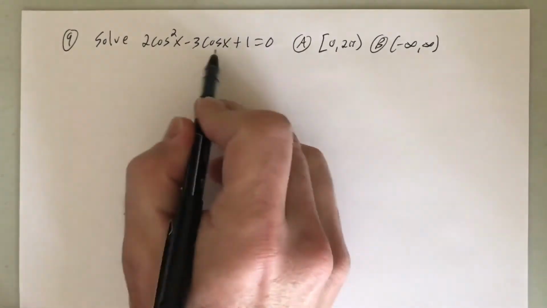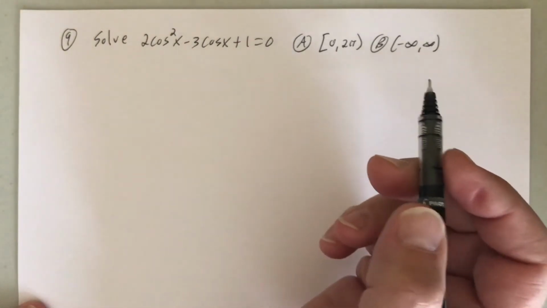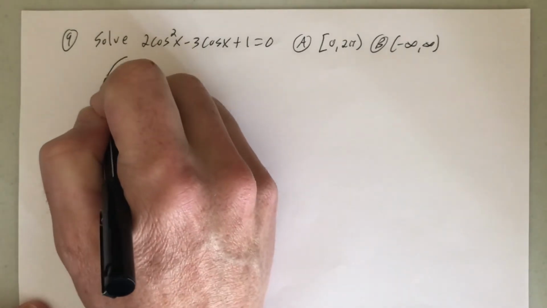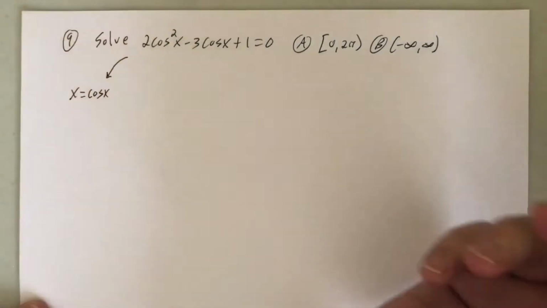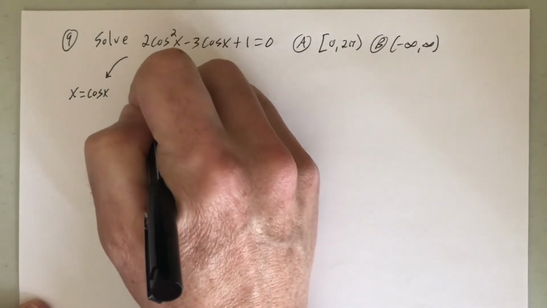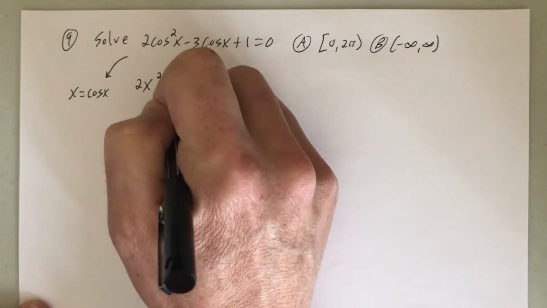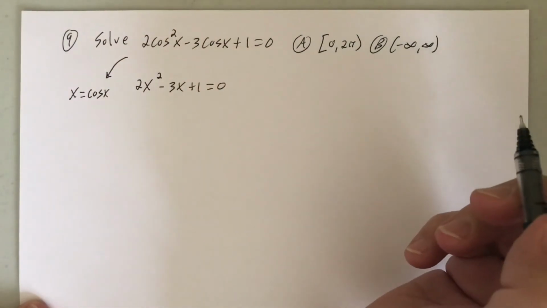So we're going to solve this. This looks like a quadratic again, so we're going to factor it. I'll go ahead and do the substitution and say that x is equal to cosine x. Then if I write this out, it's going to be 2x squared minus 3x plus 1 is equal to 0.